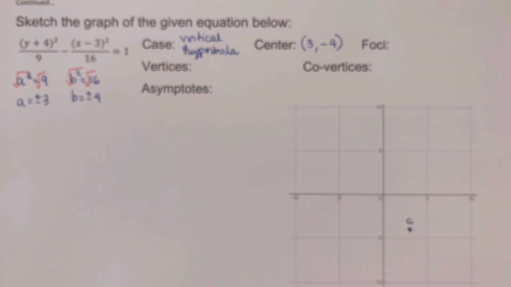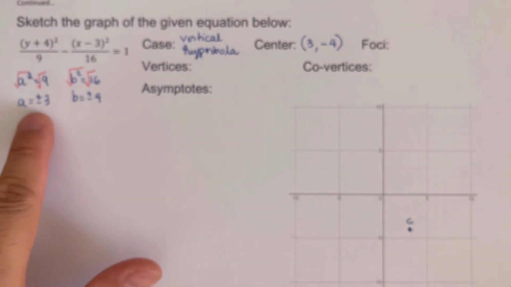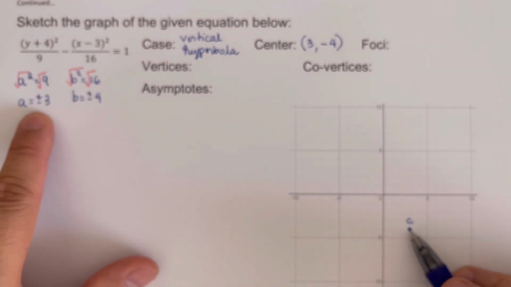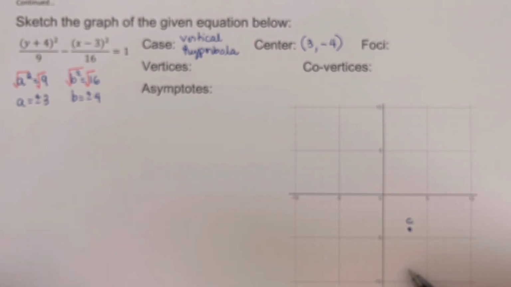Now we remember that the vertex or the two vertices are located a distance a from the center. So in this case, since this is an example of a vertical hyperbola, the first vertex will be located above the center and the other vertex will be located below the center. So I'm just going to go ahead and locate that.